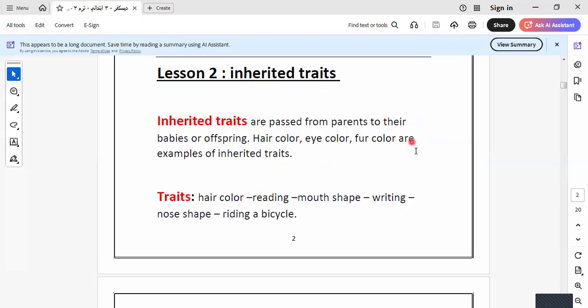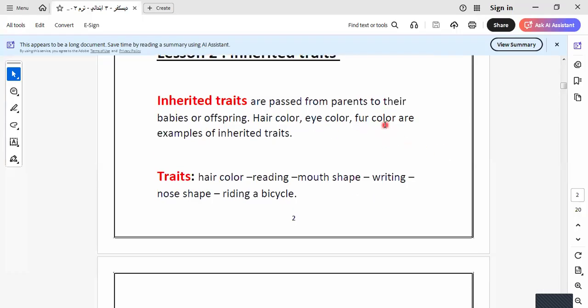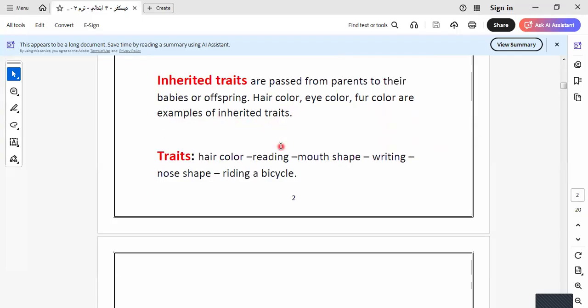Eye, hair, and skin are for humans, and fur and other things are for animals. Color for animals and birds, or feathers also, are examples of inherited traits.